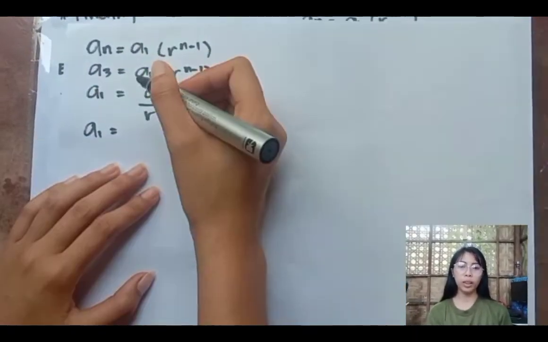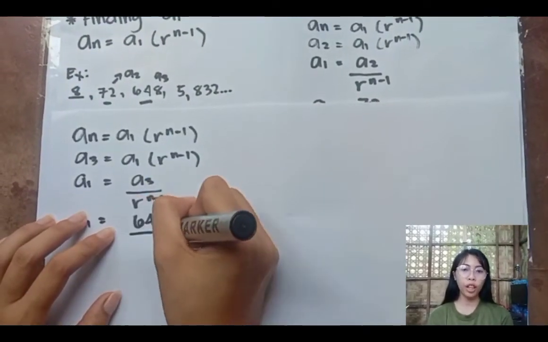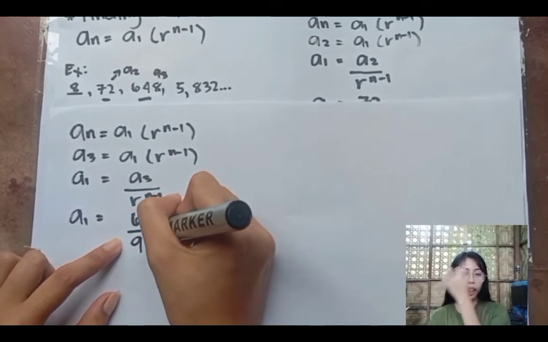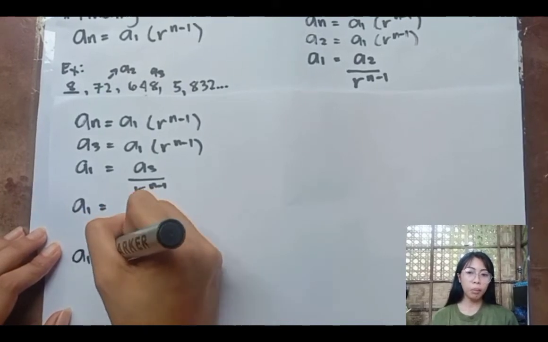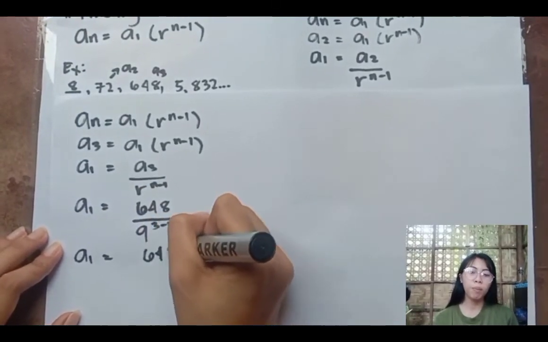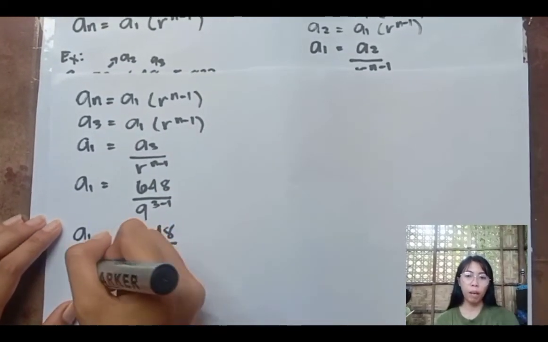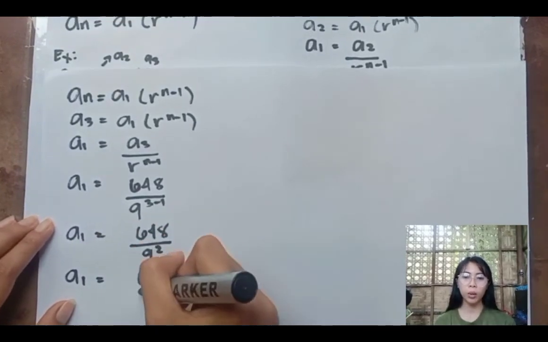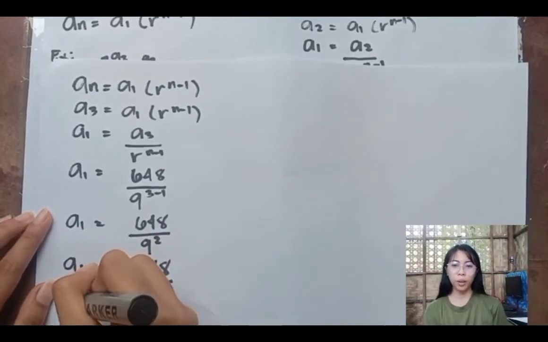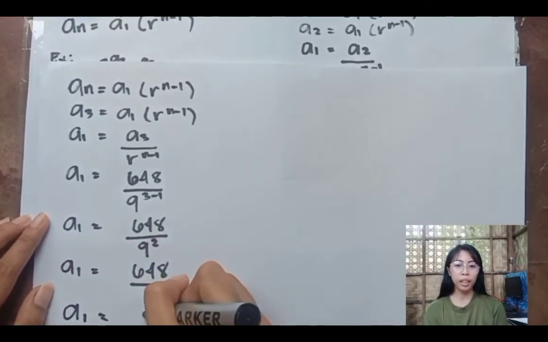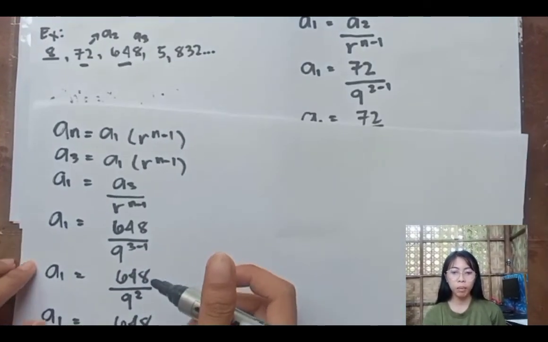A sub 1 is equal to 648, our third term, over our common ratio, 9, to the power of 3 minus 1. So a sub 1 is equal to 648 over 9 squared, which is 648 over 81. 648 divided by 81 is equal to 8. So still our first term is 8.